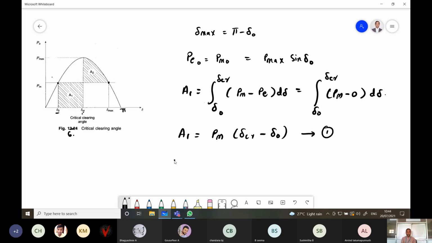Similarly, we need to write the A2 expression. A2 represents the integration from delta CR to delta max.